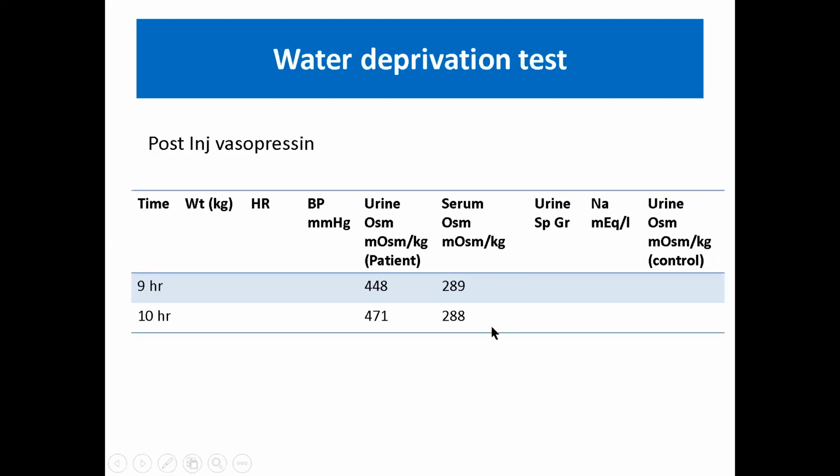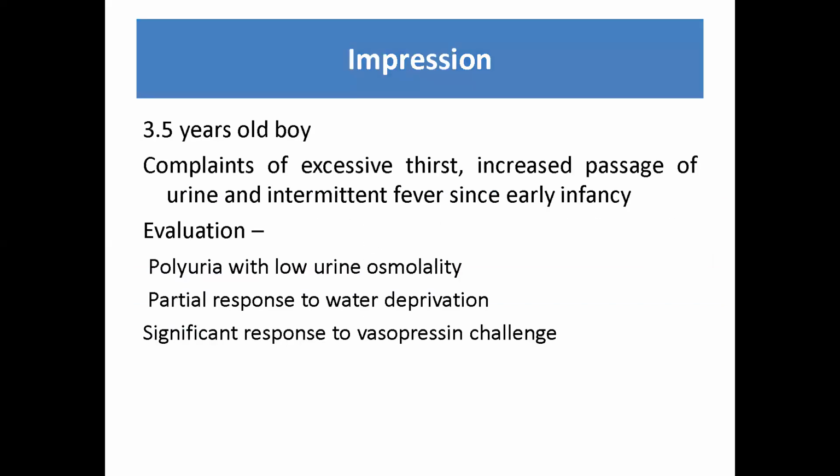In this kind of patient there is clinical and biochemical evidence of diabetes insipidus, and the water deprivation test has not led to the expected increase in the urine osmolality. However, after vasopressin, there is a significant increase in the urine osmolality, a response to the vasopressin challenge.